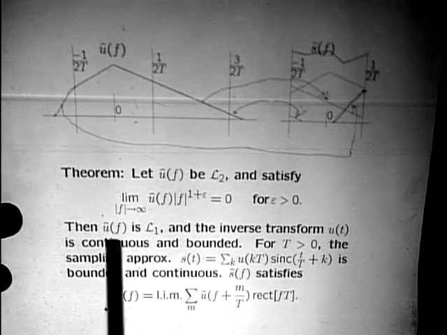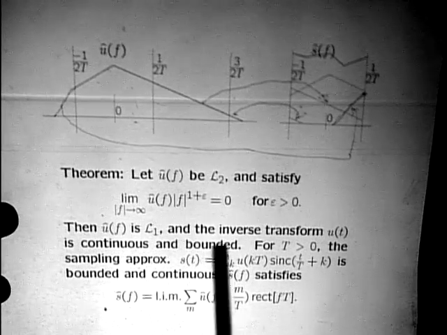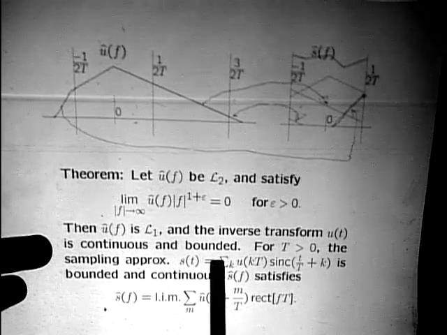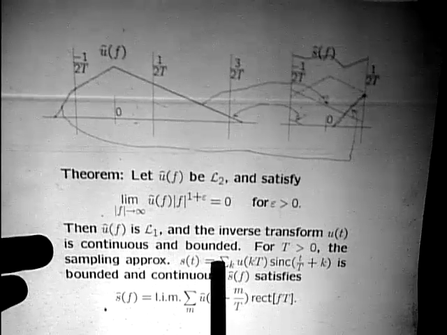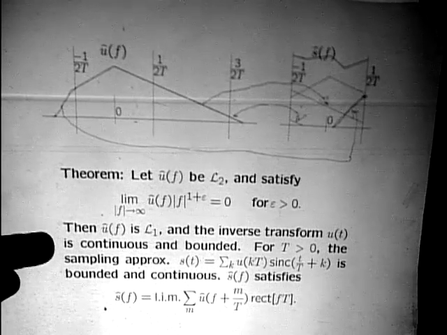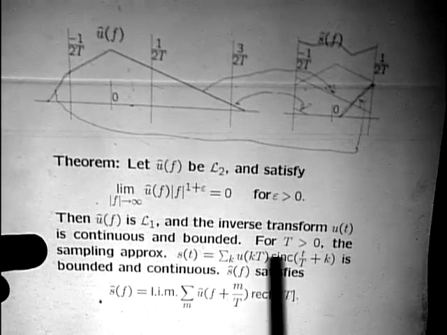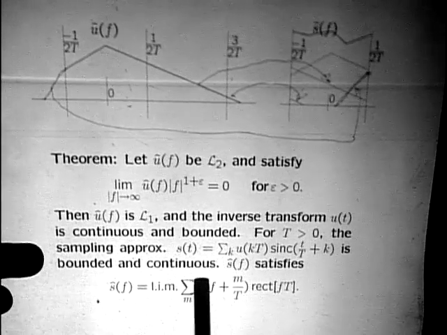So the theorem says that this frequency function has to be L1, and the inverse transform has to be continuous and bounded. We've already seen that L1 functions have continuous and bounded Fourier transforms. And for any t greater than 0, the sampling approximation, namely S of t, which is this, is going to be bounded and continuous.